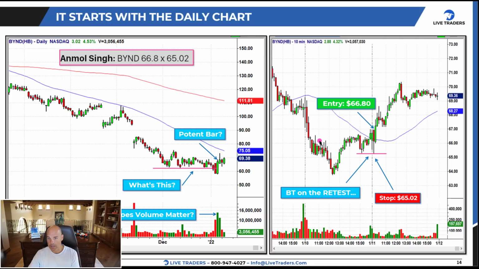My goodness, kind of got hammered, right? And then bounces back up, and then a bottoming tail, rip, pullback, rip. So at 66.80, he's getting 2 bars worth of confirmation at a prior pivot low. So a bottoming tail on the retest.